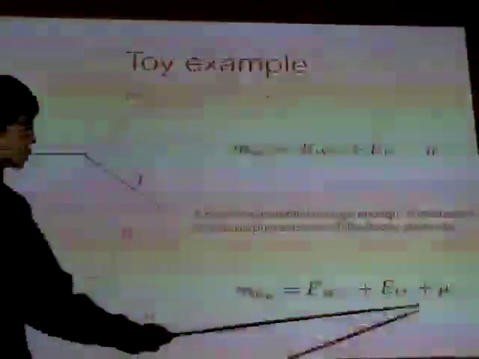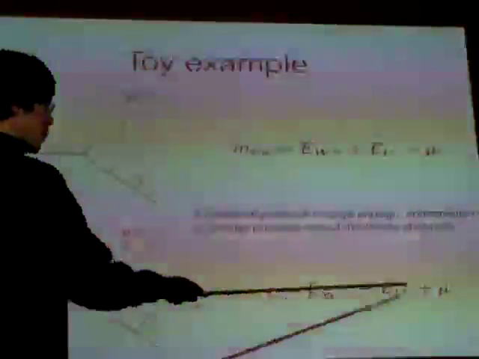Now you notice that energy conservation completely forbids this process, because obviously energies are positive, and so if mu is larger than the mass of the right-handed neutrino, this is kinematically inaccessible. And so we've taken a decay that's completely symmetric and made it 100% asymmetric by adding a chemical potential. In some sense, this is the simplest way to make a symmetric decay asymmetric.